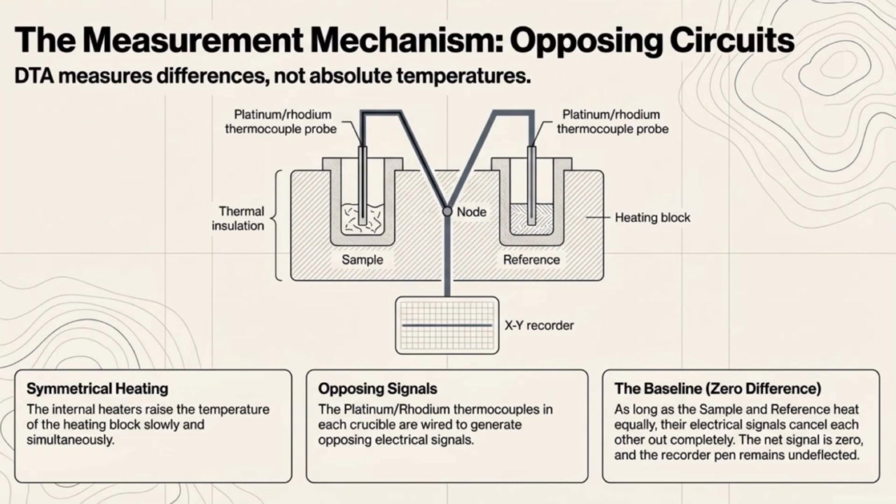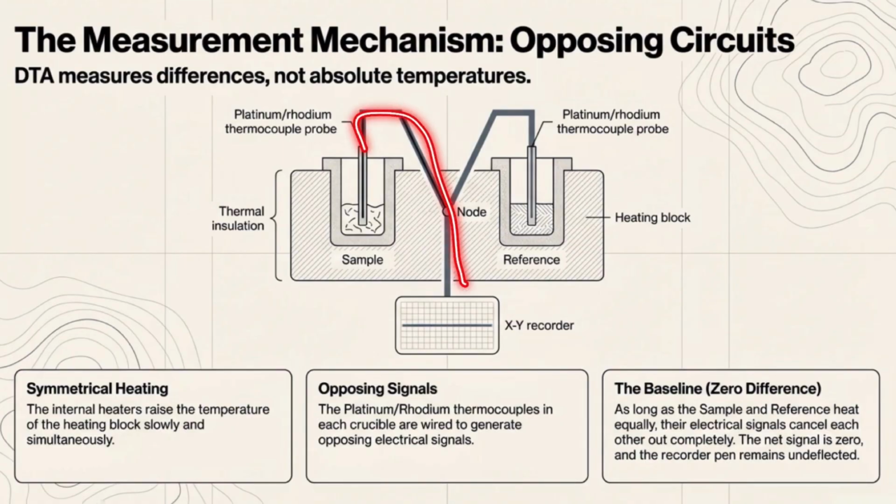The working mechanism of this instrument is explained in this diagram. Here is the sample container, here is the reference container, and the furnace is continuously supplying heat to both. This is the heating block, and these two thermocouples are dipped in the sample container and the reference. These are made up of platinum and rhodium rods, which are also inert materials, and these are fed to an XY chart recorder.